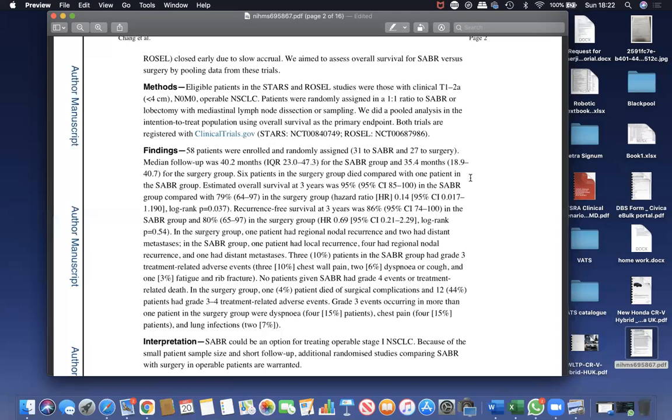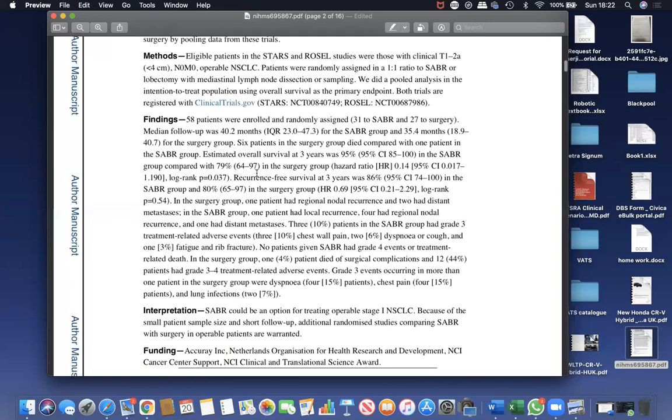But you've also got to understand that some patients are below the 25% IQR. If this was 18.9, then at least 25% of the patients have been followed up less than 18 months. And again, here, at least 25% of patients have been followed up less than 23 months. Okay. Good. Go ahead.